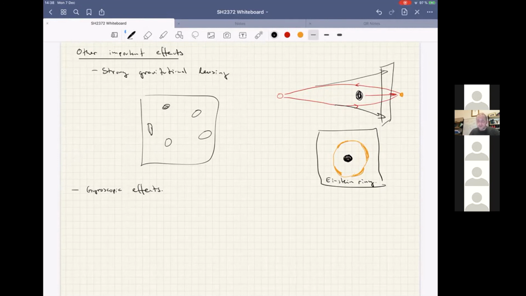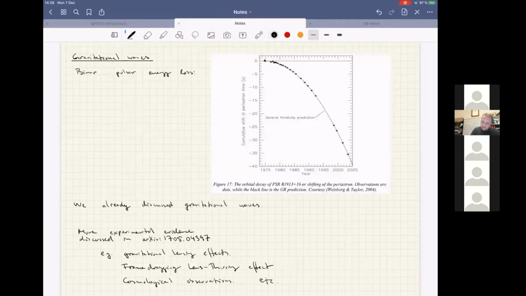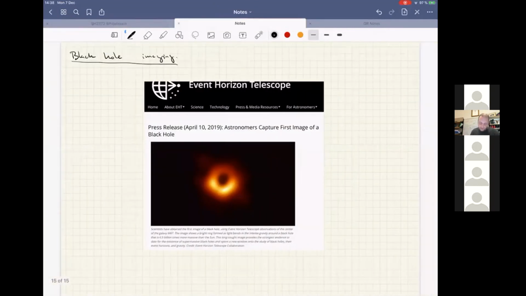Other things that you can do, it was in recent news, I think it was even last year, we had the results of the Event Horizon Telescope. Yes, April 10, 2019, came this press release. So this is the first actual image of a black hole. This is the supermassive black hole at the center of, I don't know if you see this or if it's too small, the galaxy M87.